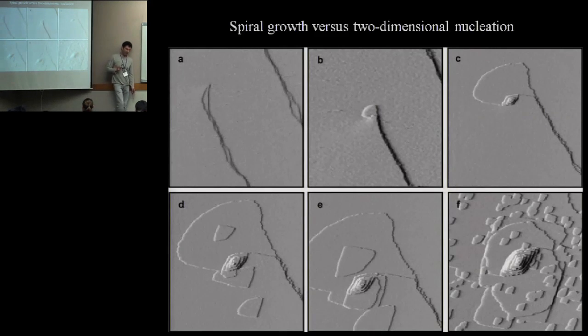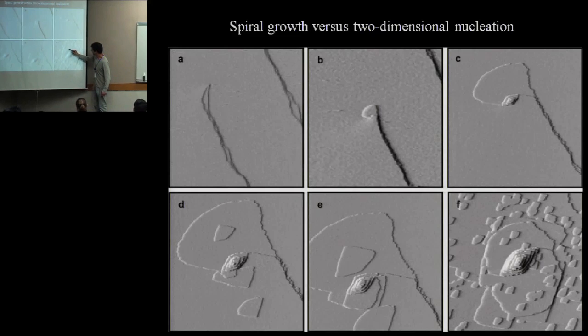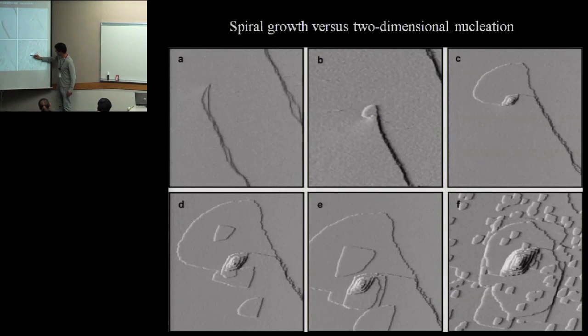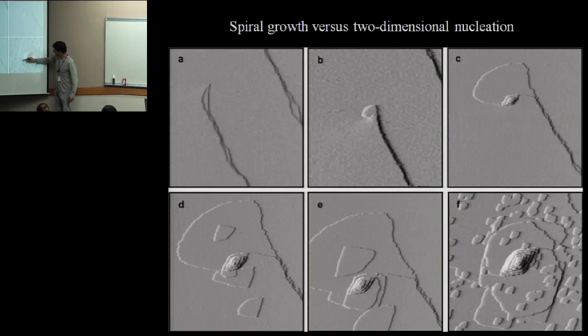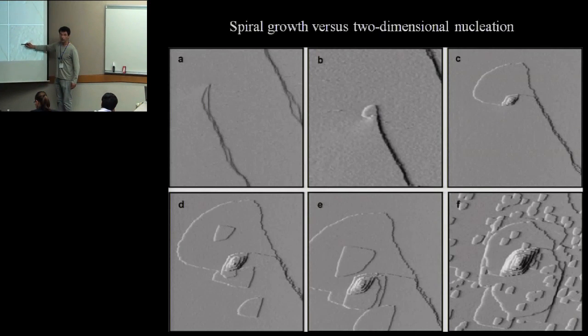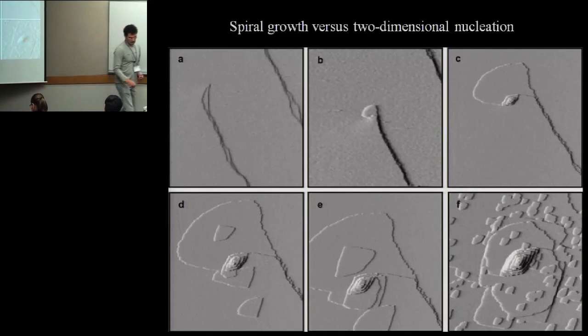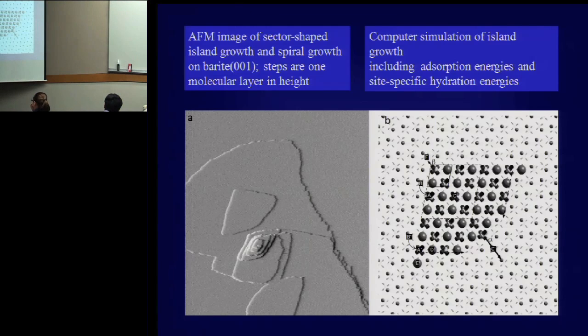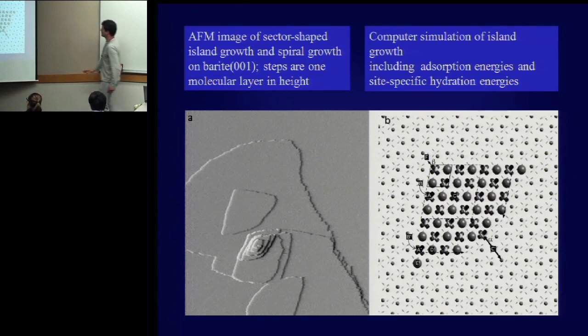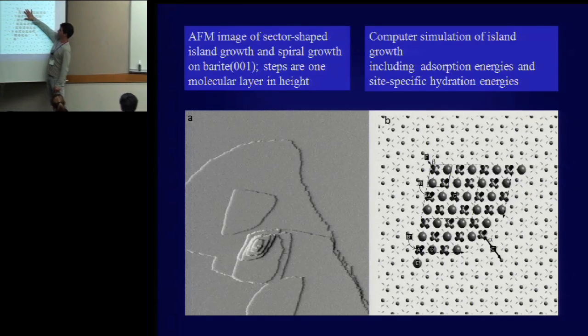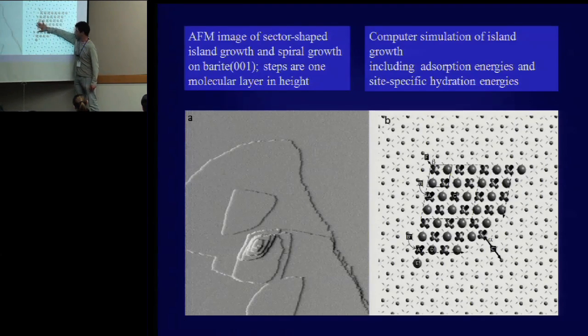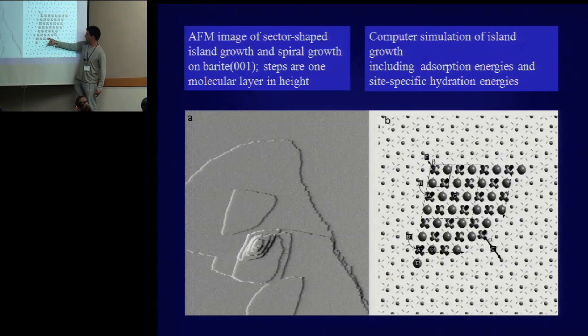On top of that, if we are highly enough supersaturated, we would get this two-dimensional nucleation. And what you see as you jump up one barium sulfate layer, or half a unit cell, is that the orientation of these islands changes. So the atomic picture or the modeling picture of this would look like this. The kinetic bottleneck is starting a new row.